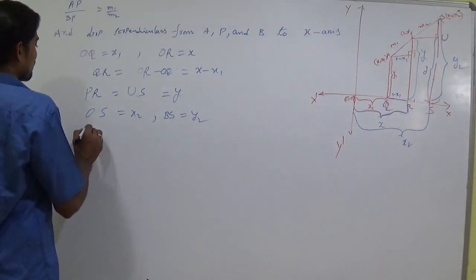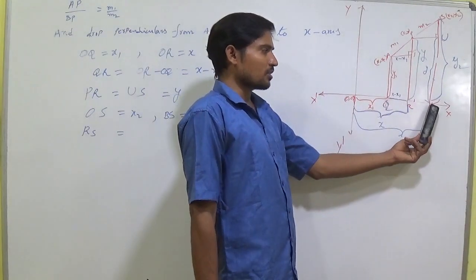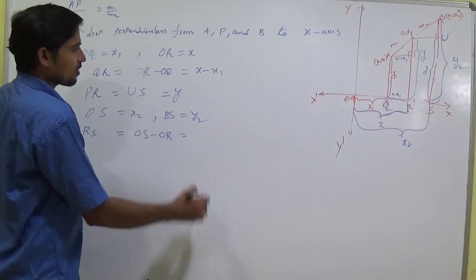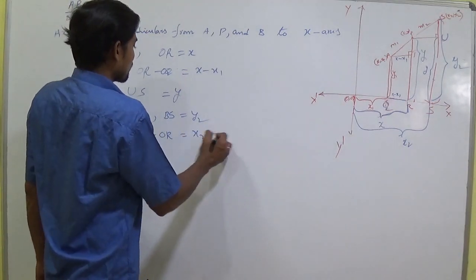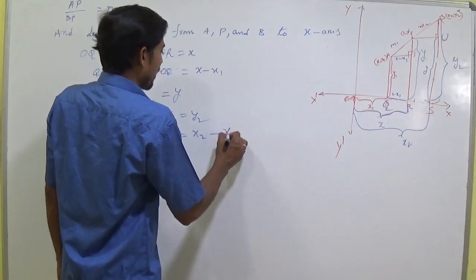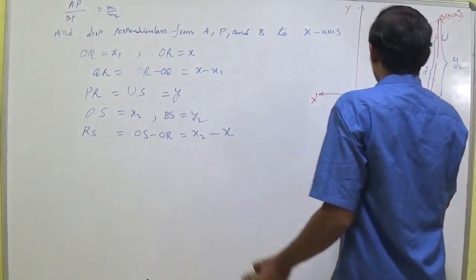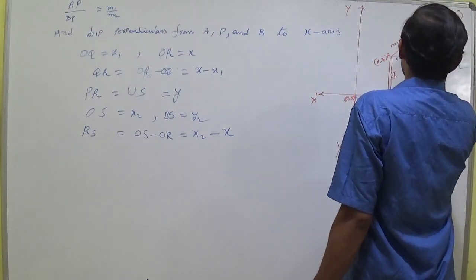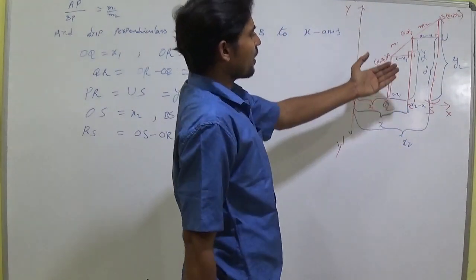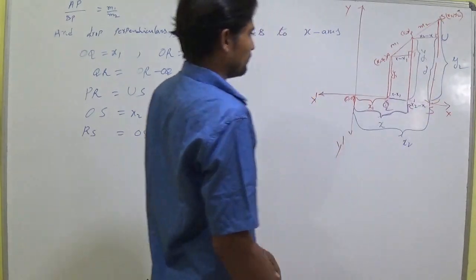RS equals OS minus OR, which is x2 minus x. Clear? So this is x2 minus x. This is also x2 minus x because that is a rectangle. A, Q, R, T is a rectangle, and P, R, S, U is a rectangle.